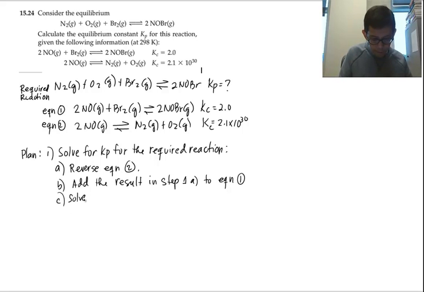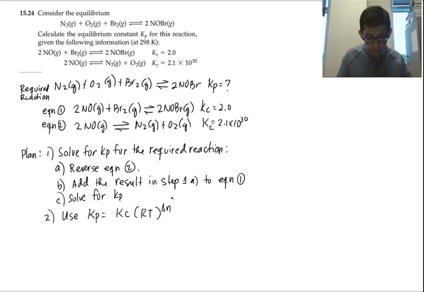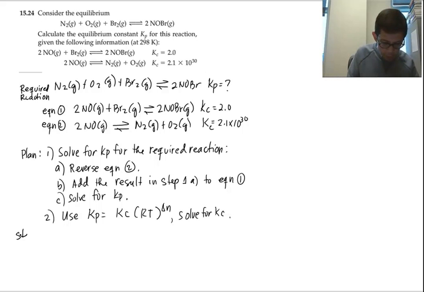Solve for Kp, and then once we have a Kp, use Kp equals Kc times RT to the delta N to solve for Kc. Okay, so that is our plan of attack. So now let's execute.